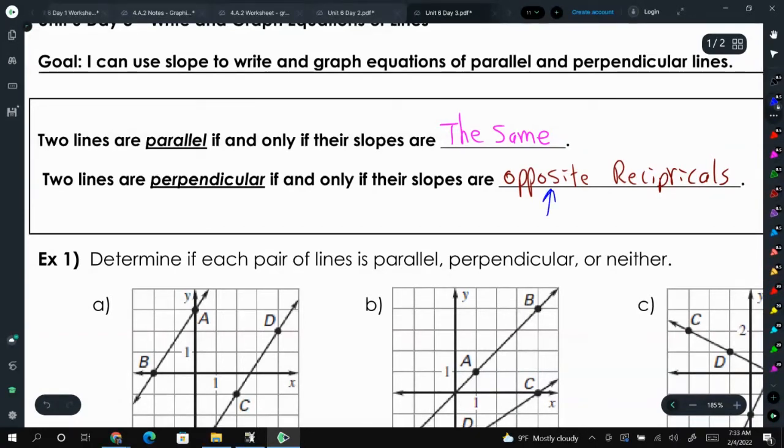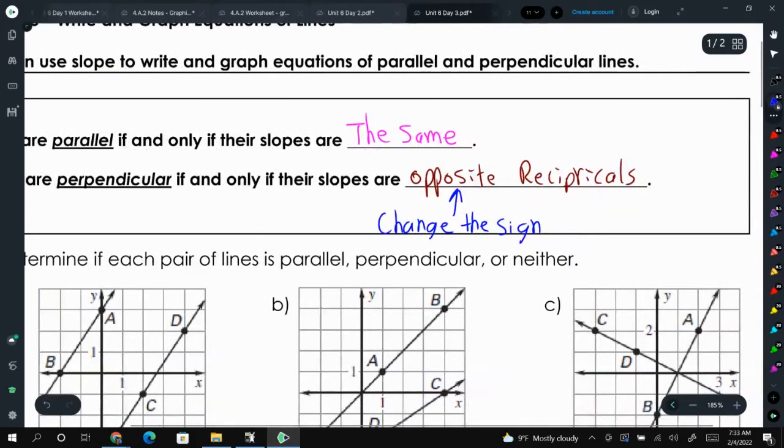So opposite means you change the sign, meaning not only from positive to negative, but from negative to positive. And then reciprocal means you flip the fraction, because we know slope as rise over run, as a fraction, and the reciprocal is when we flip the fraction.